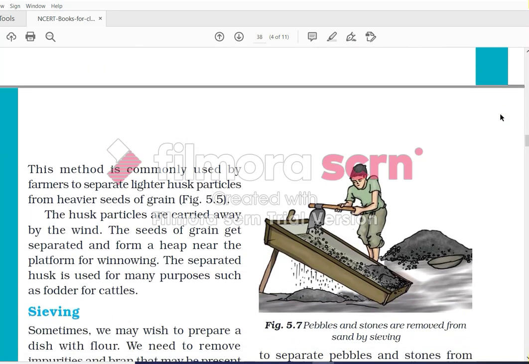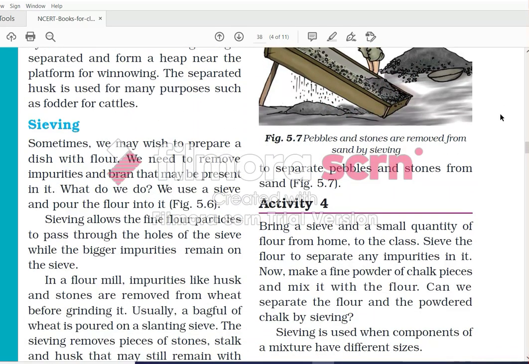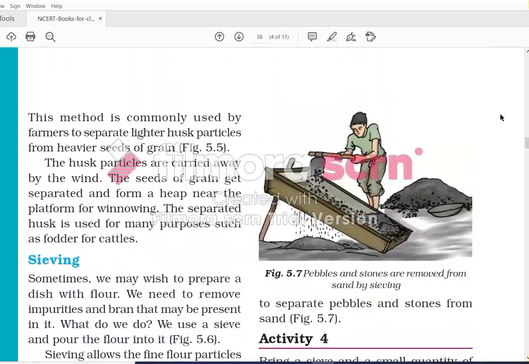Now we'll read further. This method is commonly used by farmers to separate lighter husk particles from heavier seeds of grains. The husk particles are carried away by wind. The seeds of grain get separated and form a heap near the platform for winnowing. The separated husk is used for many purposes such as fodder for cattle.